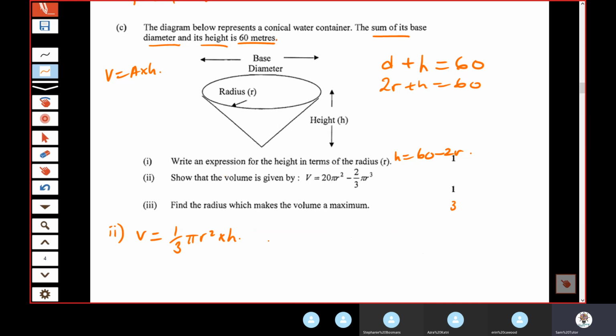Easy? Alright, let's do it. So it equals 1 on 3 pi r squared times 60, take away 2r, and I'm sure we can all see the answer. At this stage, I'm not even going to tell you to expand. You just write the answer down. I'm sure you can see it is expanded. Agree?